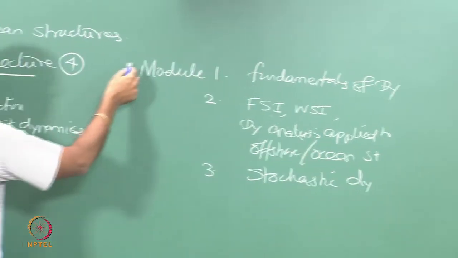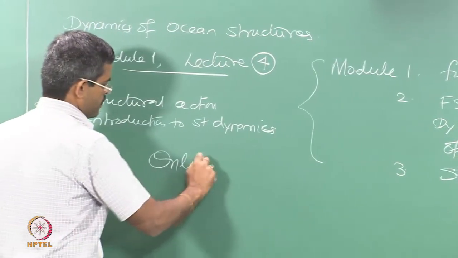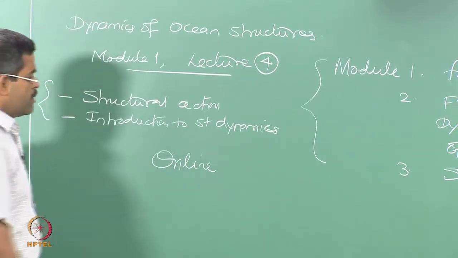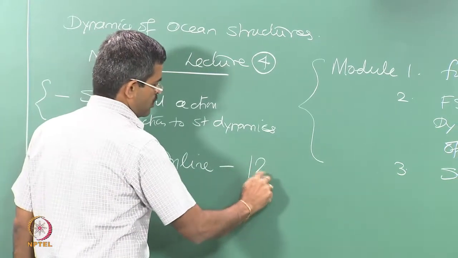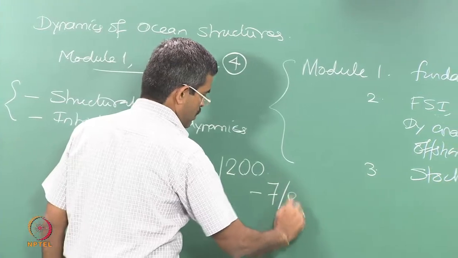Interestingly, you must understand that this course is actually an online course which is currently registered by more than about 1200 students from at least, I think, 7 to 8 countries.